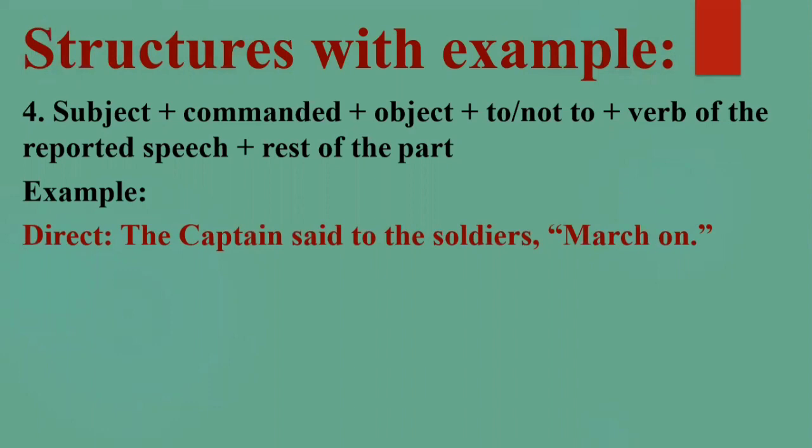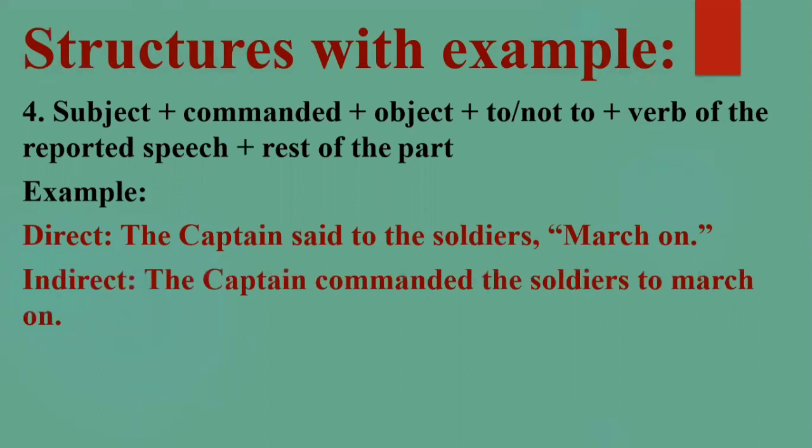So, what will be the indirect form? This is the indirect form: the captain commanded the soldiers to march on. I think you have understood. Okay. Here, commanded is given. That's why we have used here commanded, as it is in the first form. So, we have to use commanded.